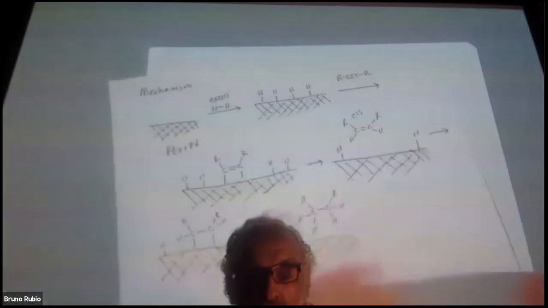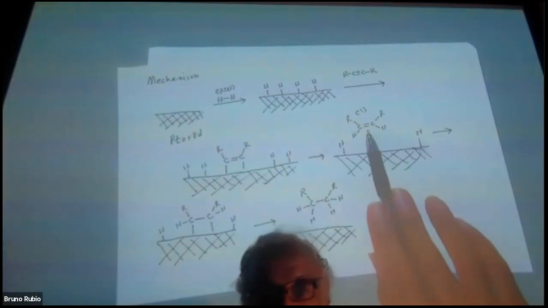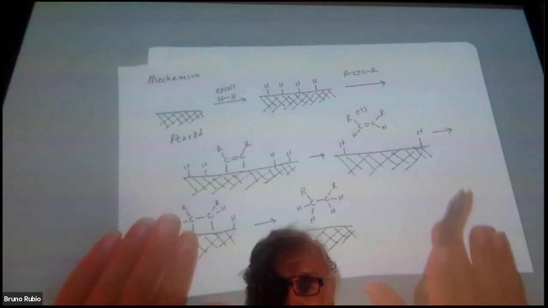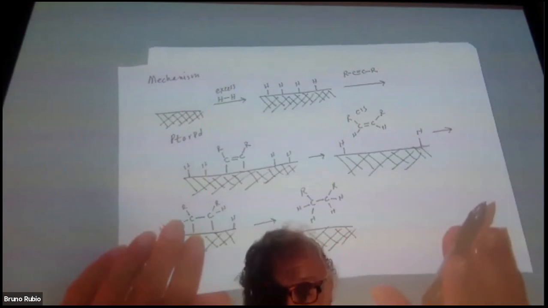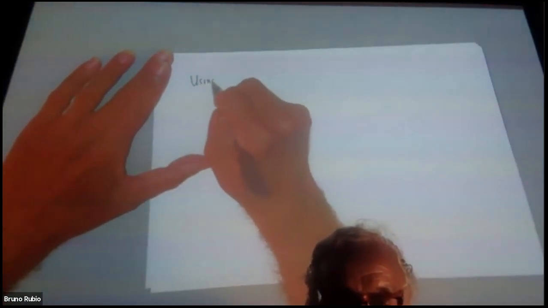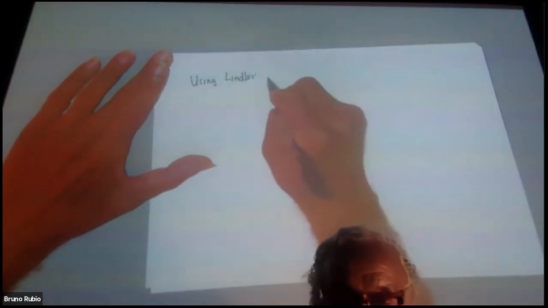All right, it would be nice to be able to stop the reaction at the cis-alkene stage. And indeed, that is possible using a similar system, which is that of a poisoned catalyst, a deactivated catalyst. And that is called the Lindlar catalyst.